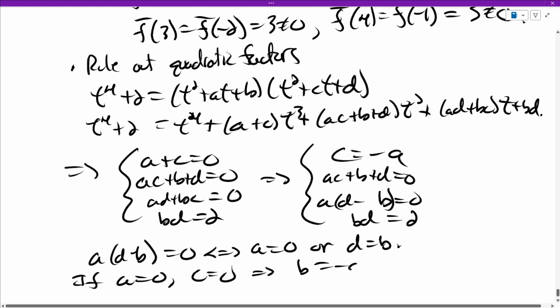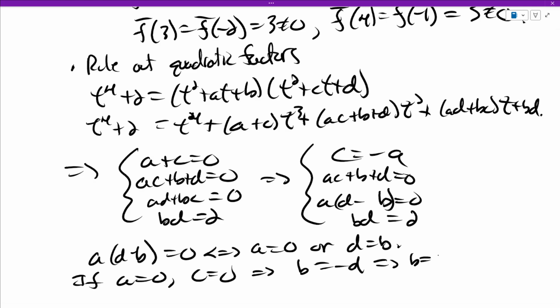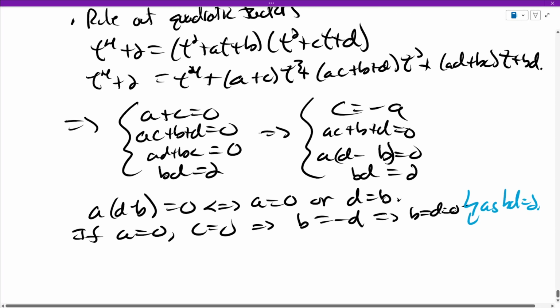So b is negative d. B cannot be equal to both d and negative d, because that would mean they're both 0, but they have to multiply to 2. So this is a contradiction. Where's my blue lightning bolt? Here it is. As BD is 2. Okay, so it cannot be that A is 0. We can X that out.